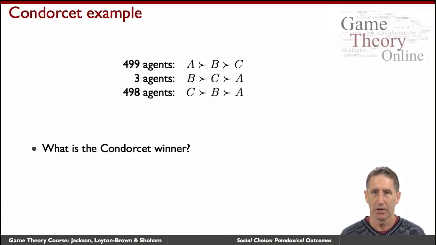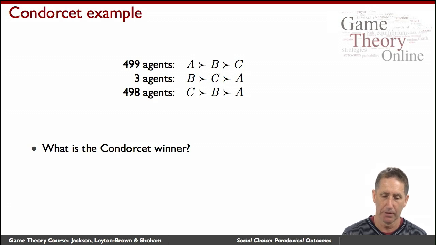Let's start with the Condorcet condition, which on the face of it is incontrovertible. And consider the following examples. Here we have 1,000 agents, and here are their preferences.